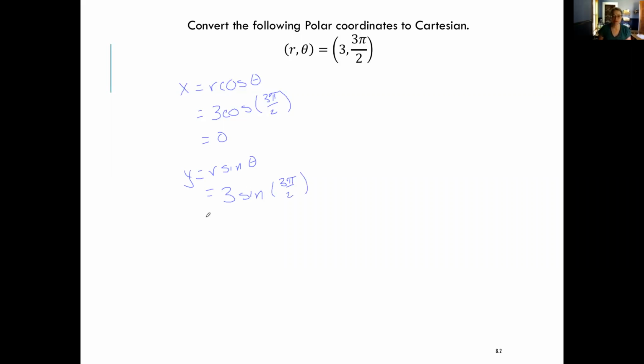Sine of 3π/2 is -1, so this is -3. And in Cartesian coordinates, (3, 3π/2) corresponds to (0, -3).